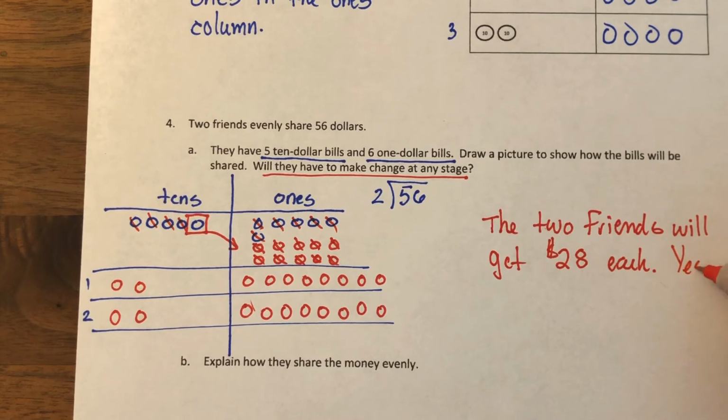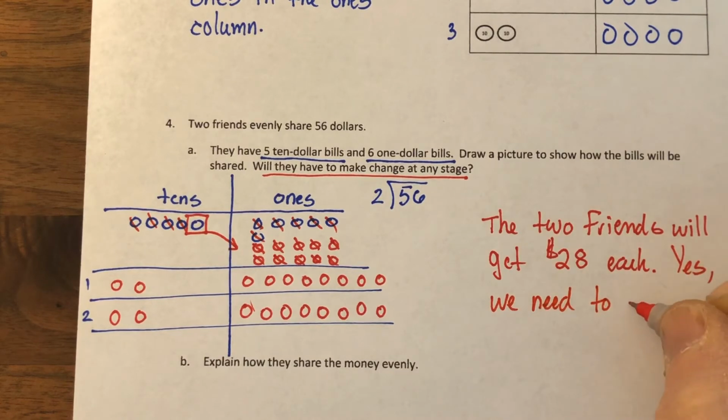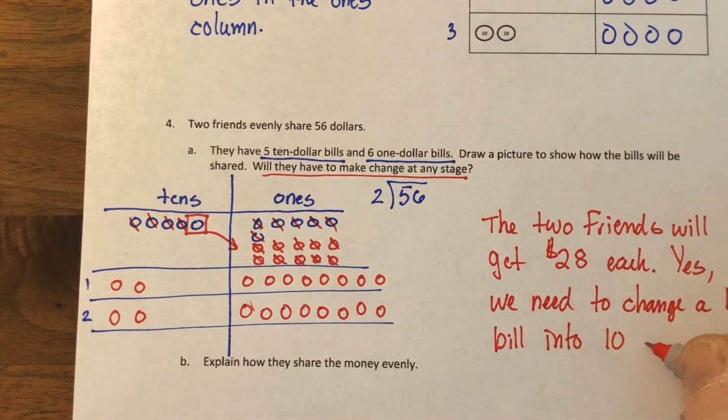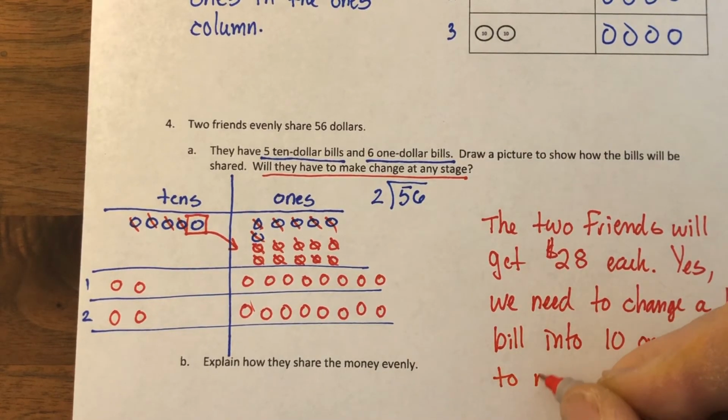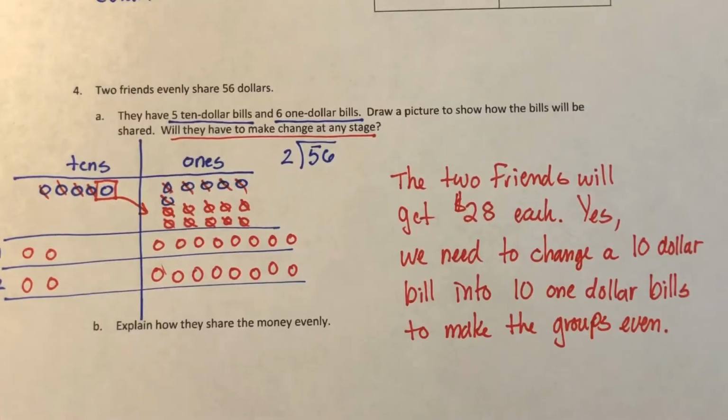I'm going to say yes, comma, we needed to change a $10 bill into 10 $1 bills, otherwise known as singles, to make the groups even, period. And that's what I wrote down there.